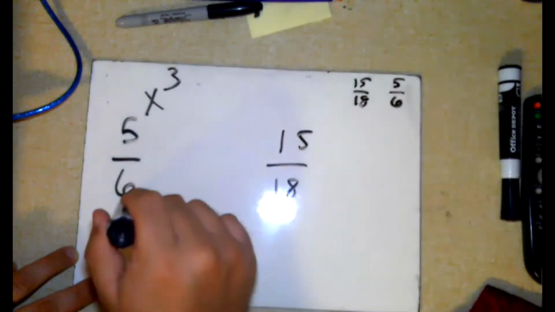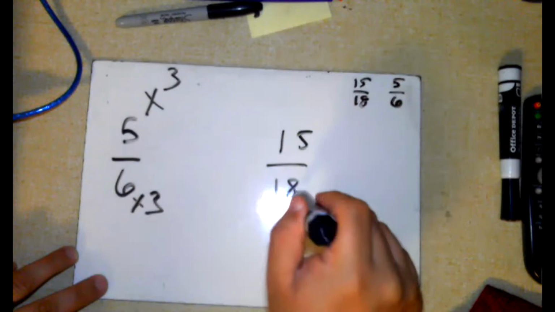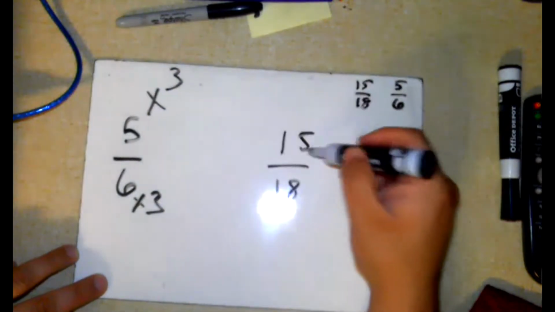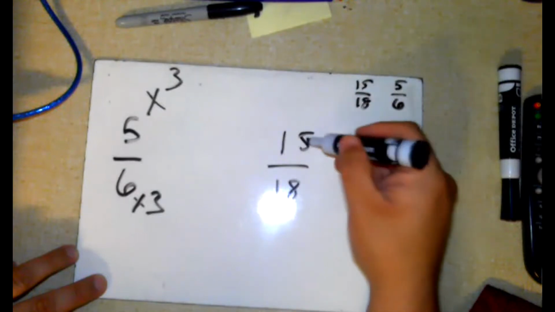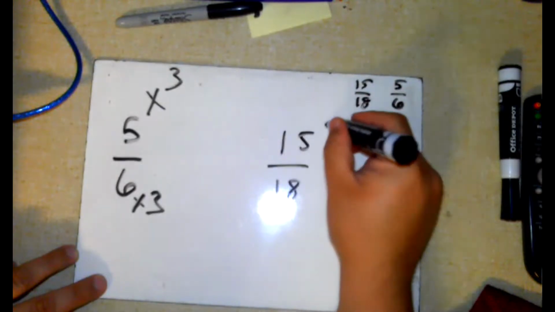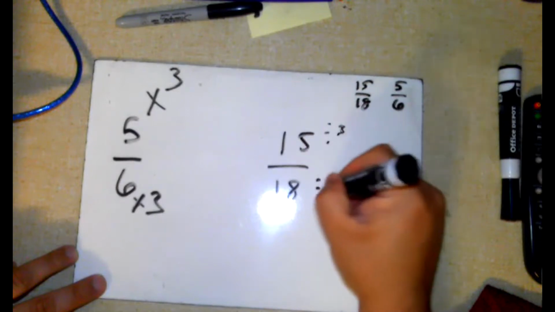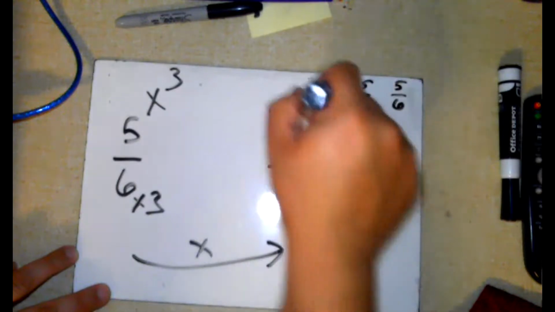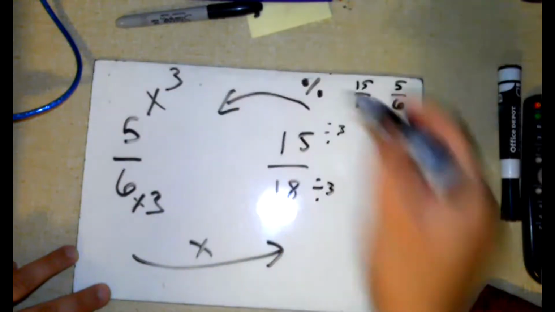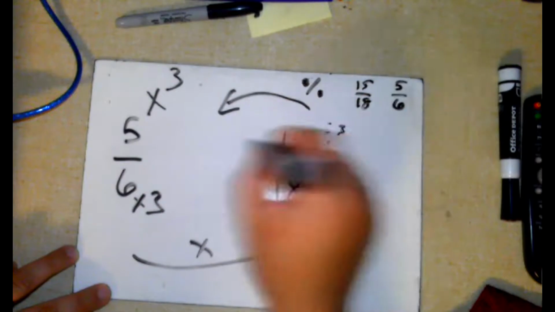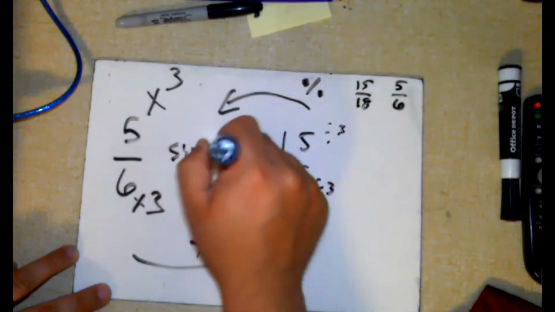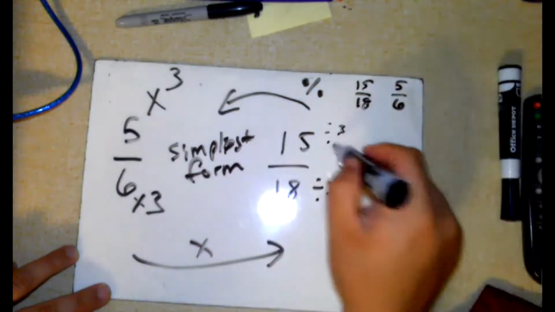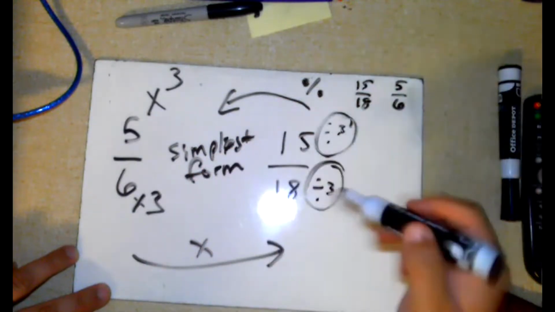Okay. Now if I do 6 times 3, I get 18. That's correct. So you got to ask yourself, what is a common factor of 15 and 18? Which is going to be 3. And just divide it. So this way, you multiply. And this way, you divide. So to find the simplest form, you divide by a common factor.